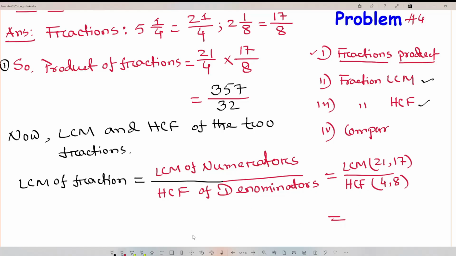Then 21 and 17, we cannot find a common factor because there is nothing in common. 21 we can write as 3 times 7, but 17 is a prime number, therefore the LCM is 357. Now the HCF of 4 and 8 is 4. So the LCM of the fractions is 357/4.